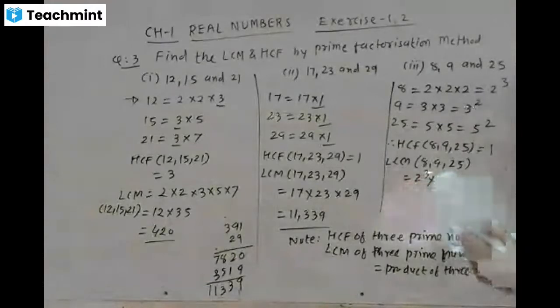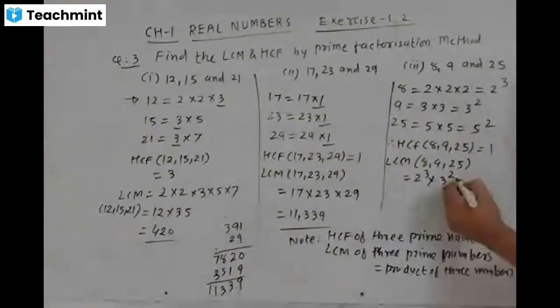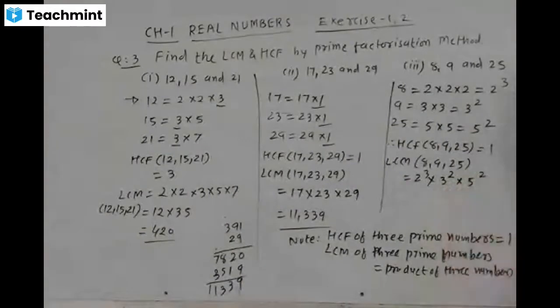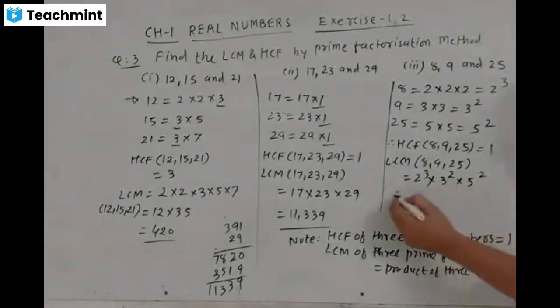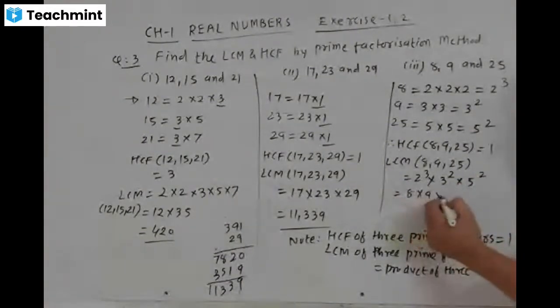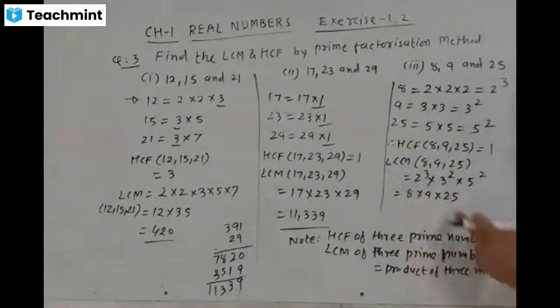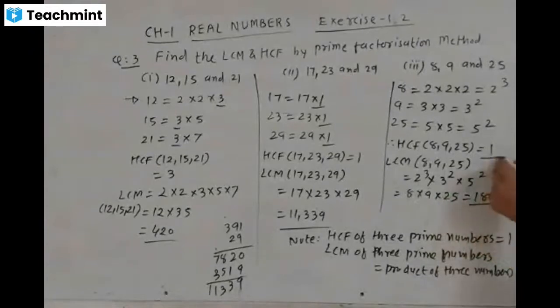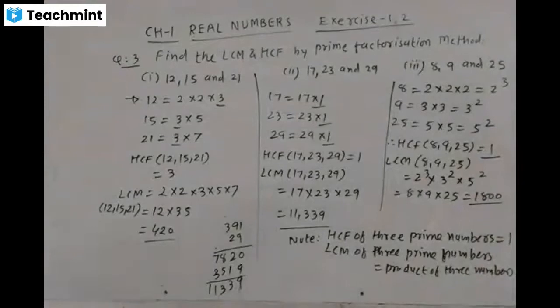Highest power of 3 is 3 raised to 2. And highest power of 5 is 5 raised to 2. Okay. And 8 into 9 into 25. 8 into 25 is 200. 200 into 9 is equal to 1800. Therefore, HCF is 1, LCM is 1800. Okay, clear?